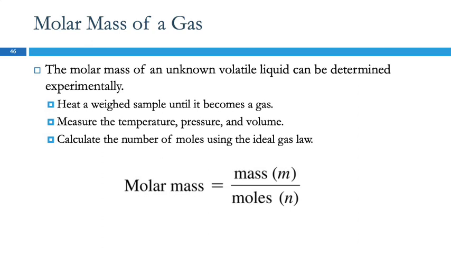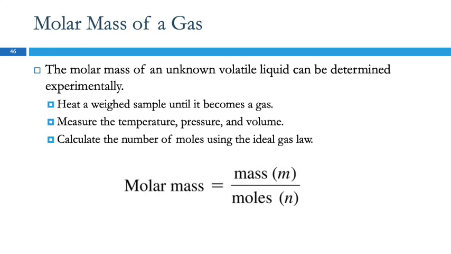We can determine the molar mass of a gas experimentally, and we're going to do this in experiment 6A. So we can take a volatile liquid, and volatile just means that it evaporates easily at a fairly low temperature. We can heat this volatile liquid until it becomes a gas.